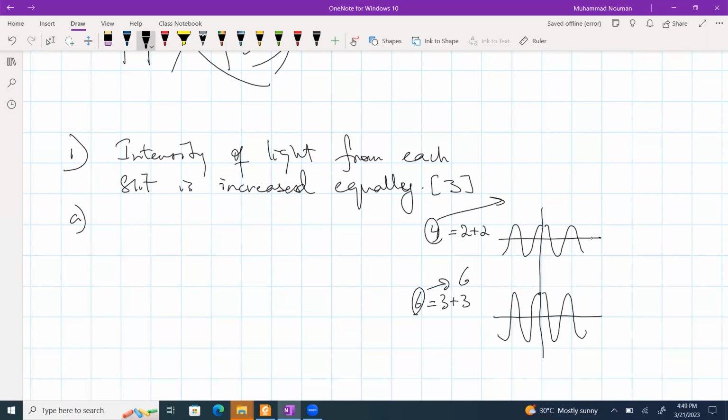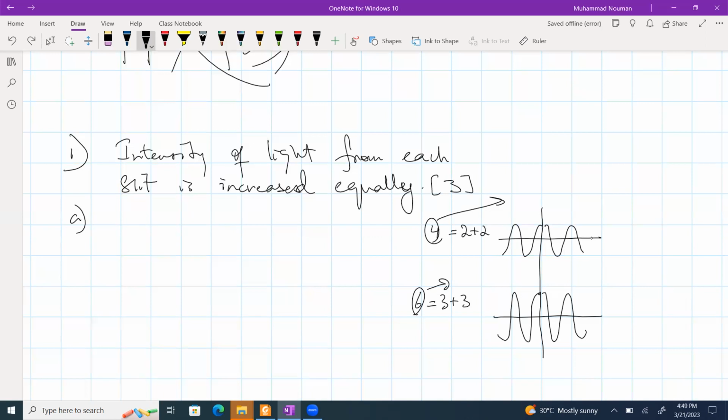Will the bright fringe remain same in appearance or will it go brighter than before or dimmer than before? What do you think? Brighter. Yes, definitely, because the amplitude of each wave is increased and the resultant amplitude will increase as well.